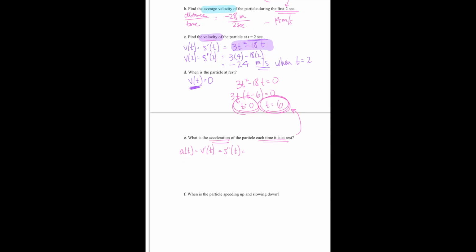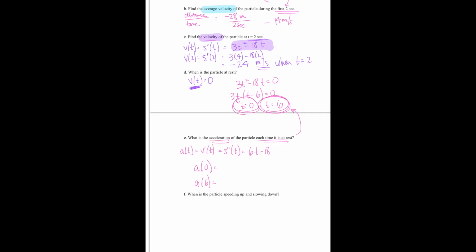So I'm looking at the velocity function. It's highlighted in purple at the top of the screen, and I'm doing the derivative of that. 6t minus 18. Okay, so let's figure out what the acceleration is at 0 and at 6.